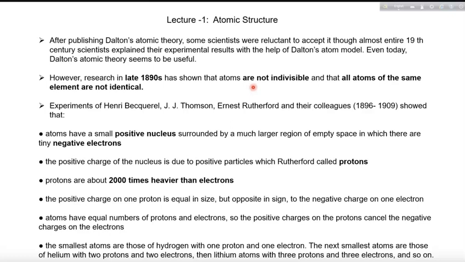The smallest atom is the hydrogen atom, which has got 1 proton and 1 electron. And if we continue, we will see that helium has got 2 protons and 2 electrons, and so forth.